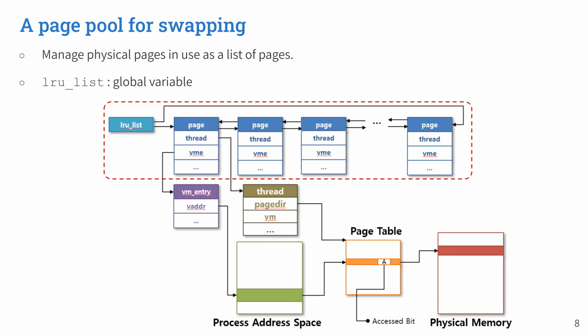You can use any data structure you think is efficient for managing the pages. You can use a hash table or other advanced data structures if you think that is necessary to make this process more efficient. As I mentioned before, each page structure includes a reference to the thread structure, the corresponding virtual memory entry, and other things you will need for this project.